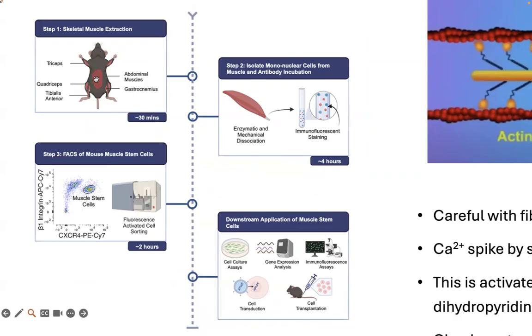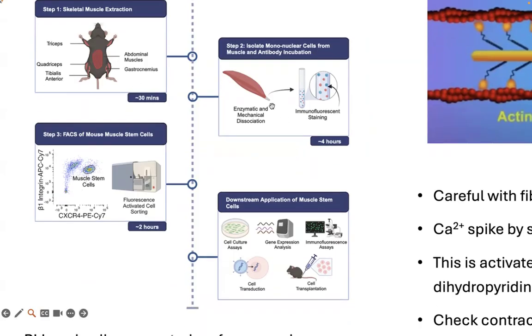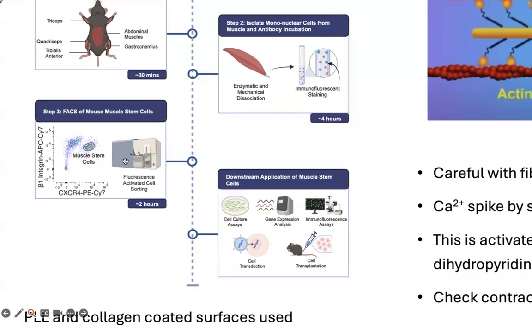Dissection was just given 30 minutes, but your dissociation and your staining takes some time, so that's given 4 hours. And then FACS sorting, because you have to prepare yourself a little bit for it and go and collect them, all of that can take a few hours.